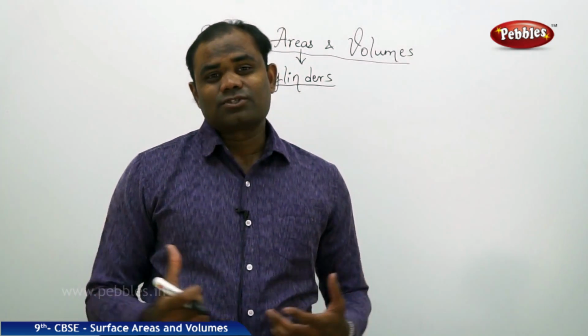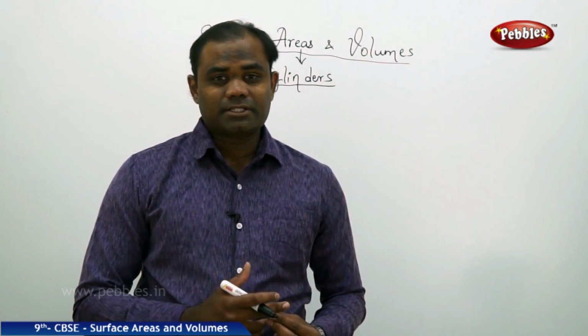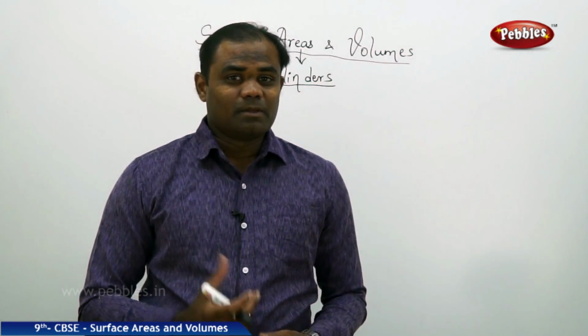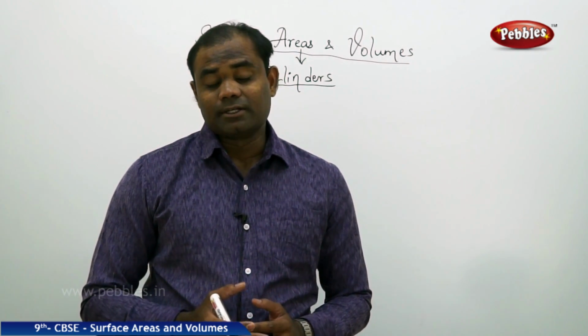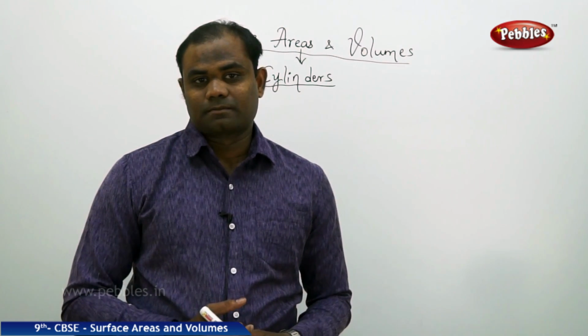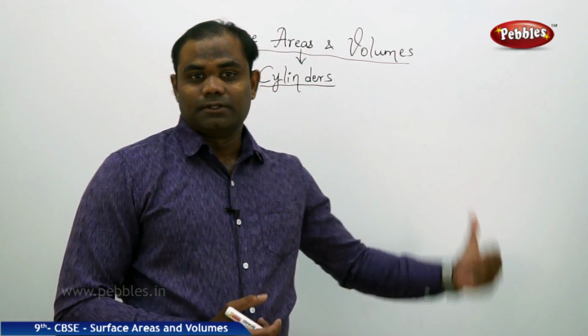Now that we have understood the cylinder to be constructed from a set of circles, let's try to understand the most important part of cylinder, which is called the right circular cylinder in mathematics. This session is about the right circular cylinder.